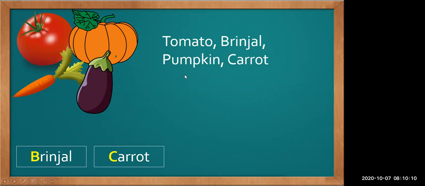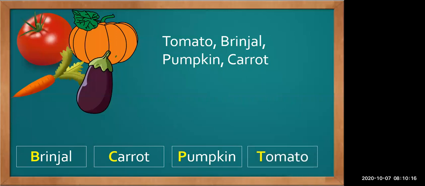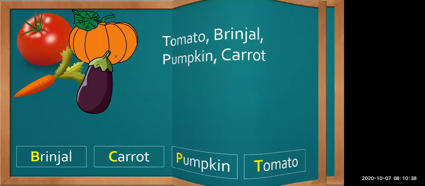Yes, of course. It's P for pumpkin. And your last word is T for tomato. So here I have shown this in the bold letter. You can see, children, properly. B for brinjal, C for carrot, P for pumpkin, and T for tomato. So in this way, the words are to be arranged in the alphabetical order. Okay. Now let's take one more example of this.